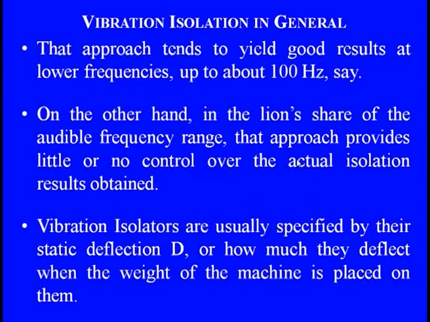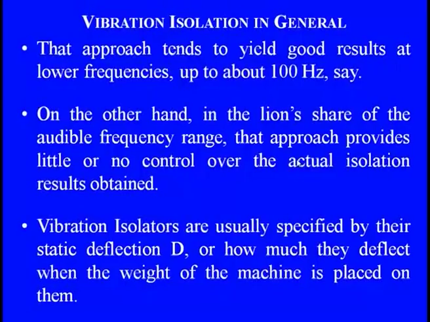And this approach tends to yield a good result in the frequency, like lowering up to 100 hertz or even more than that. But sometimes, for the audible frequencies of the lines or anything which requires active solutions, we need to calculate.